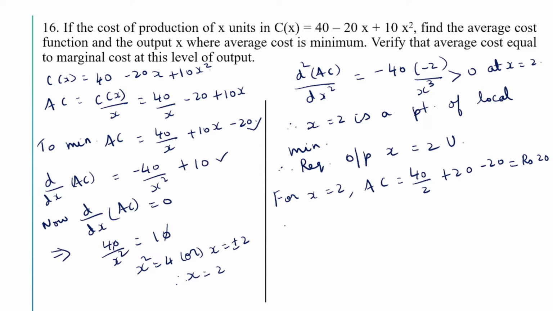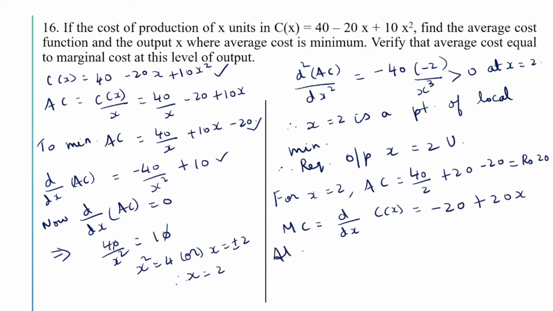Then we will find marginal cost. Marginal cost is the derivative of total cost, that is C of x. So we have to differentiate total cost. So it is equal to minus 20 plus 20x.